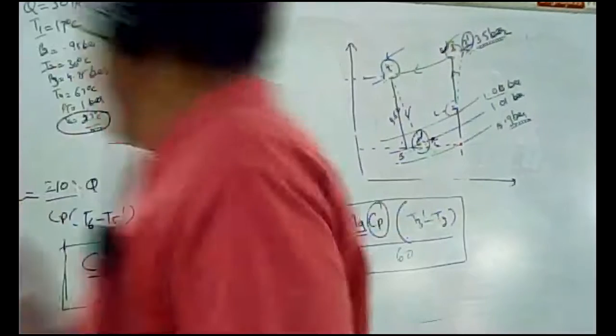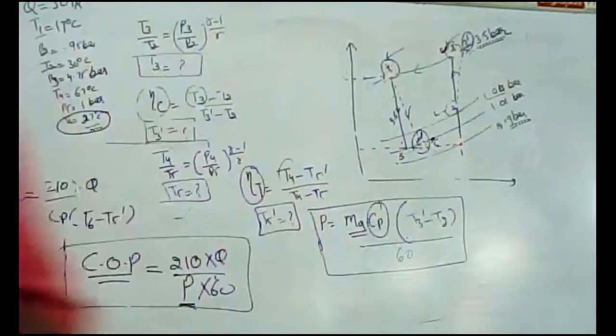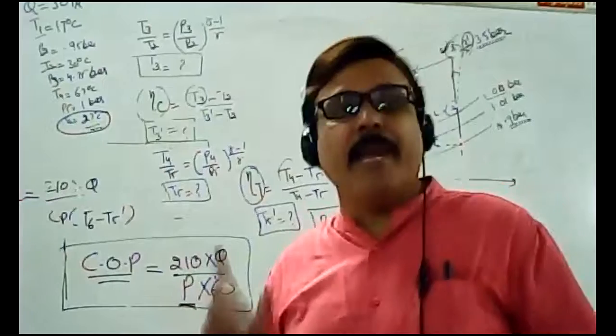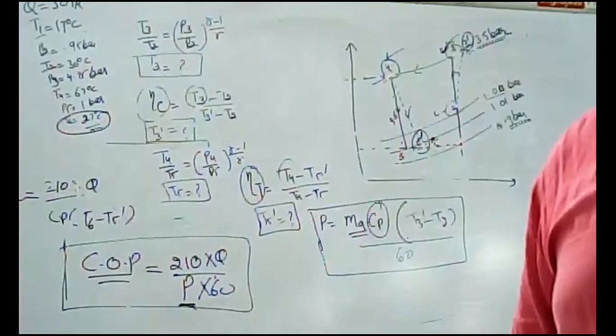If a ramming action is there, then you can write the pressure, because the pressure is increasing in case of ramming action. From there you can calculate P2 dash.